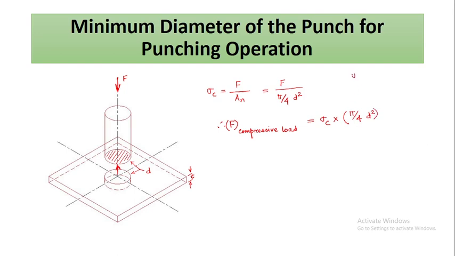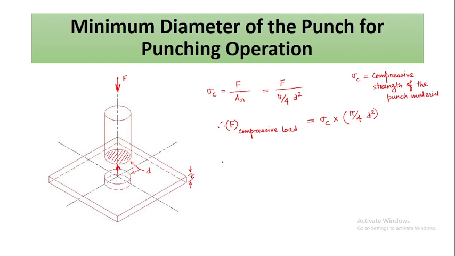Okay, where sigma c is the compressive strength of the punch material.